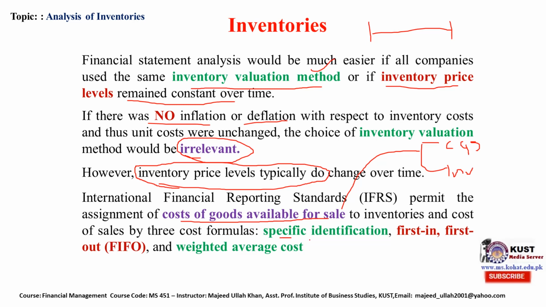The first method that is allowed by IFRS is the specific identification method, the second method is first in first out, and the third method is weighted average cost of inventory.